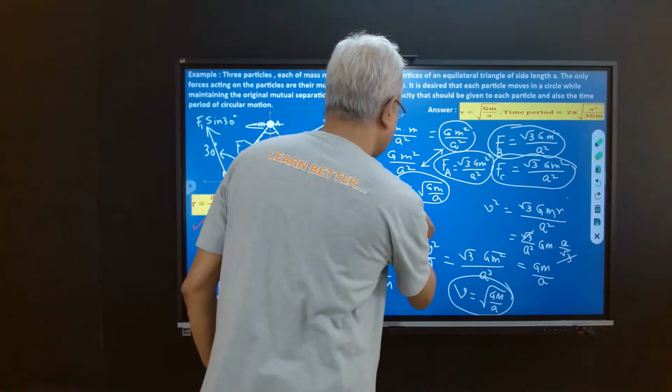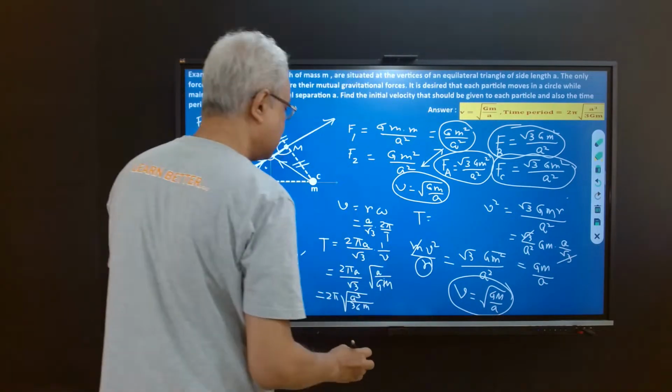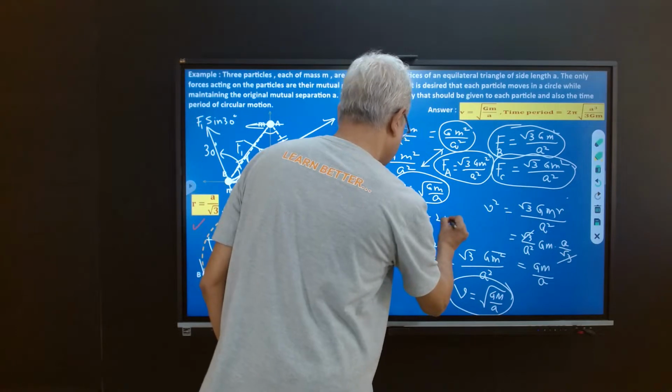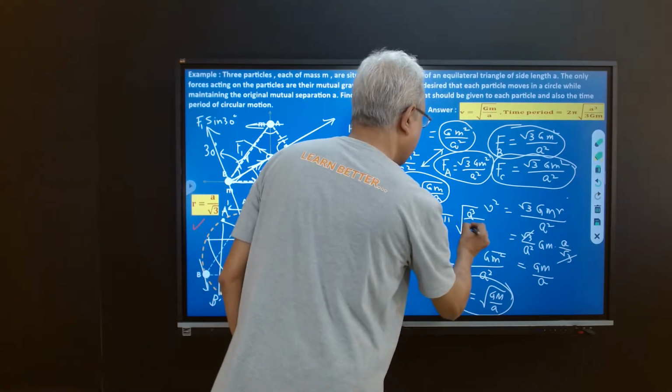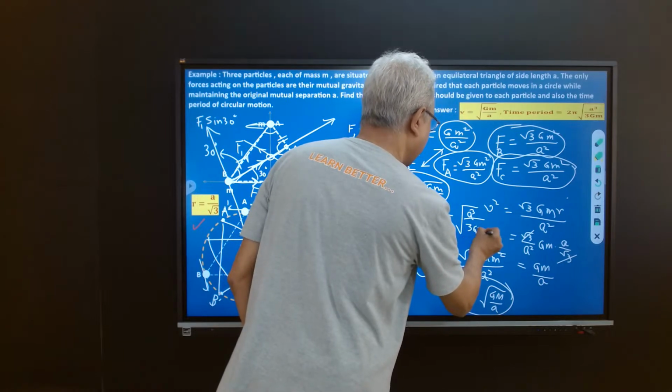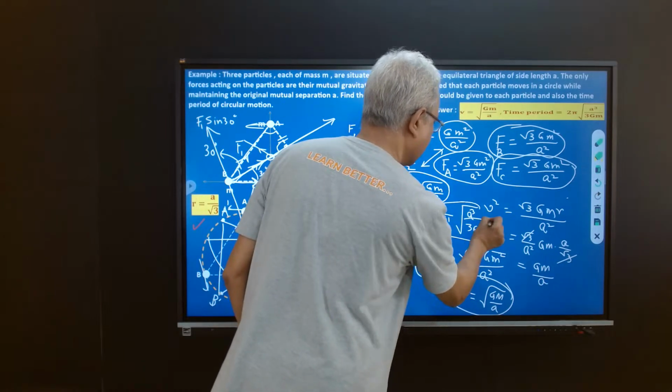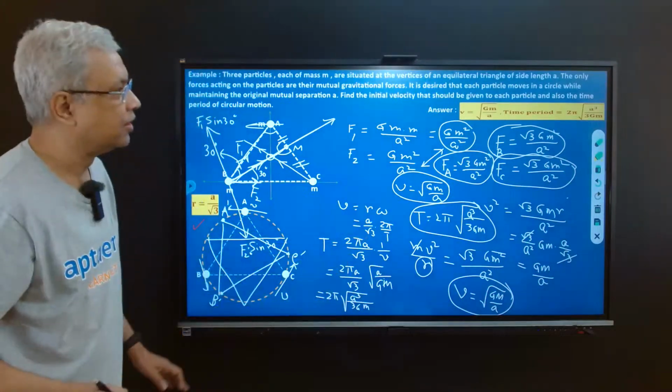So the period of circular motion is 2 pi multiplied by root of a cube by 3Gm.